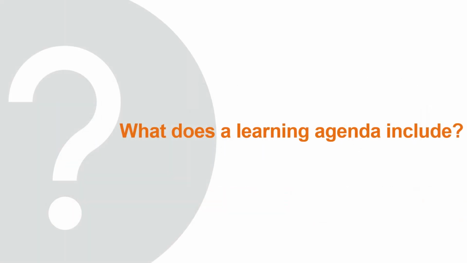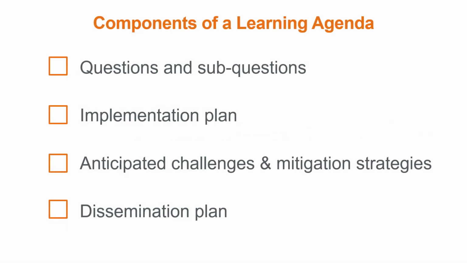What does a learning agenda include? A learning agenda should contain several components, including questions and sub-questions, featuring a mix of short and long-term questions and a mix of mission-based and operational ones. A learning agenda should include an implementation plan that serves as a roadmap for answering those questions.